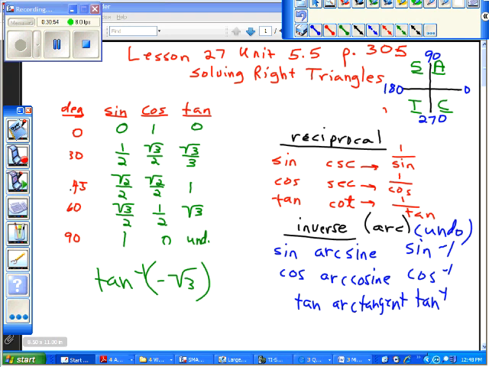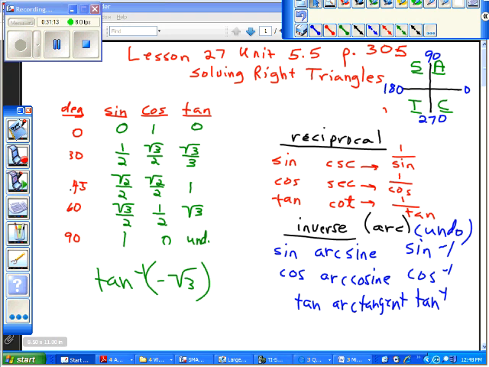All right, so here's what you got to think. What angle has a tangent of square root 3? 60. But it's negative, which means it would be in quadrant 2 or 4.